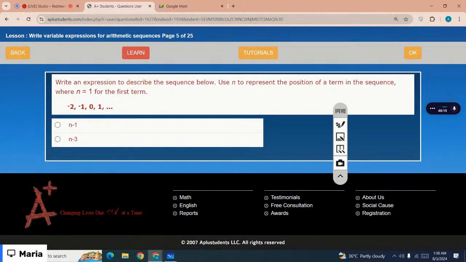Write an expression to describe the sequence below. Use n to represent the position of a term in the sequence where n equals 1 for the first term. So, which is the correct option?